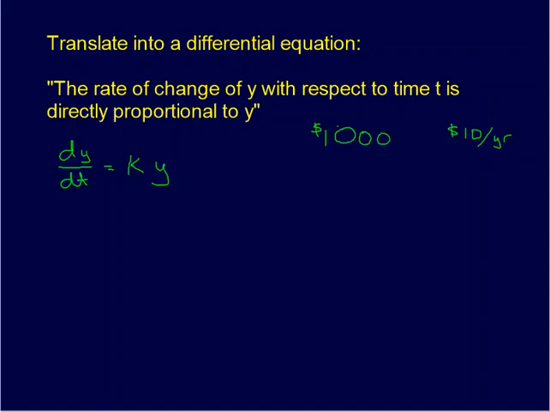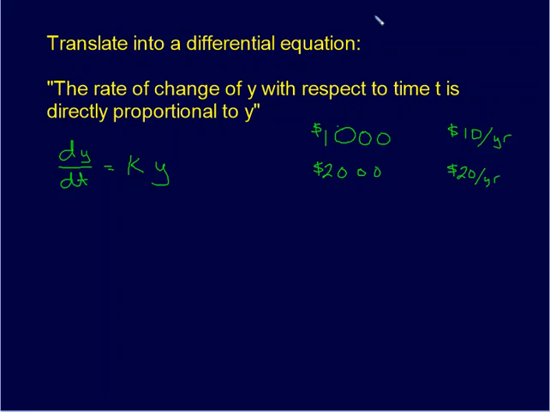So you gained $10 per 1 year in interest. Now it makes sense then if someone else had a bank account and had $2,000 in it, and everything else was the same, the interest rate, the bank, everything, they should probably get more money back in a year. They should probably get $20 per year back because they had double the amount of money to begin with.